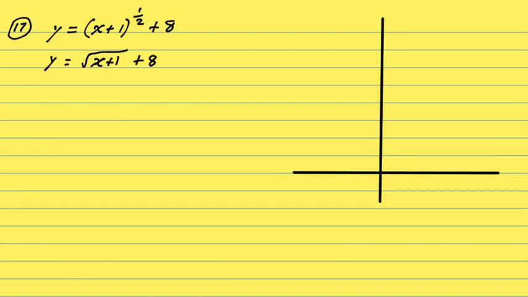Okay, to do one like 17, you'd have to realize that the 1/2 power means a square root. If you ever want to do a domain on a square root, you take the radicand, the part under the radical, make it greater than or equal to 0. So your domain is x has to be greater than or equal to negative 1. So I'm not going to go very far to the left.